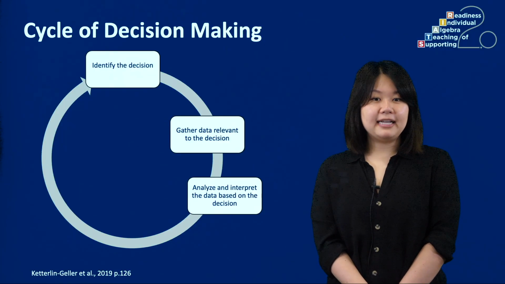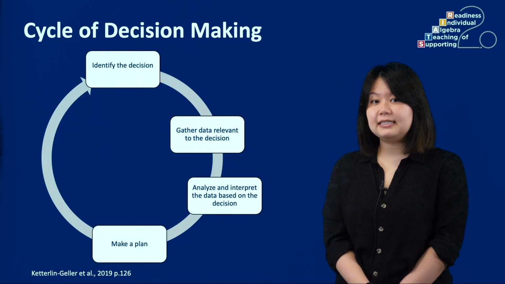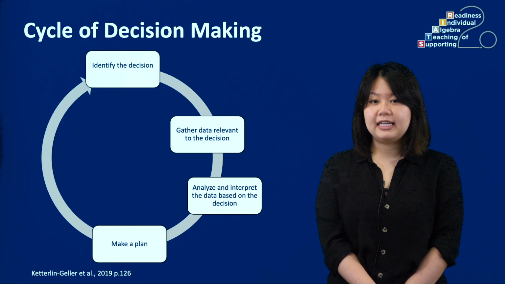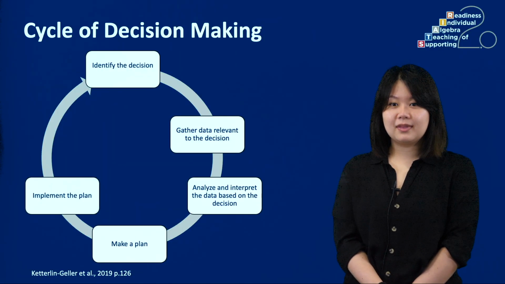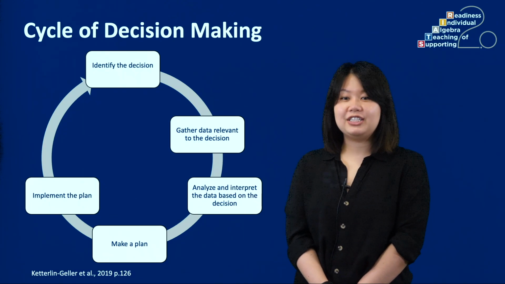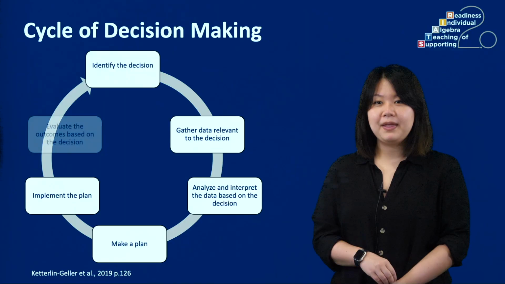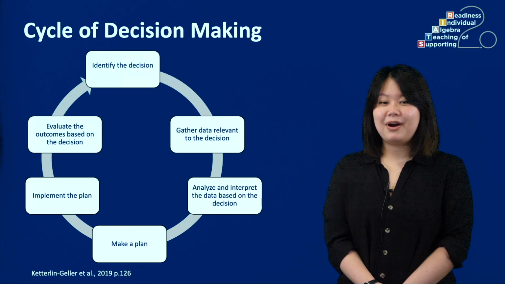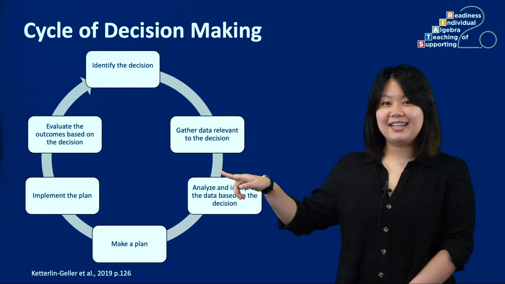Our analysis might tell us that the intervention is not as effective as we hoped it would be, so we need to come up with some hypotheses as to why the intervention was not working and make a plan for that instructional change. Then we implement the new changes to the intervention while continuing to collect progress monitoring data. And finally, we evaluate the progress monitoring data based on that decision. And then we repeat the cycle again.